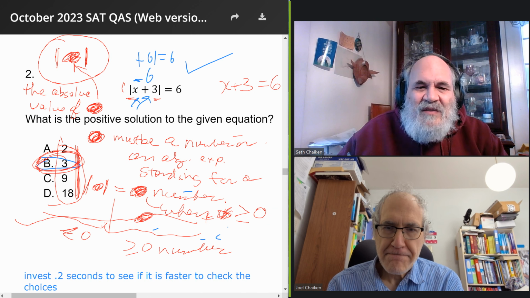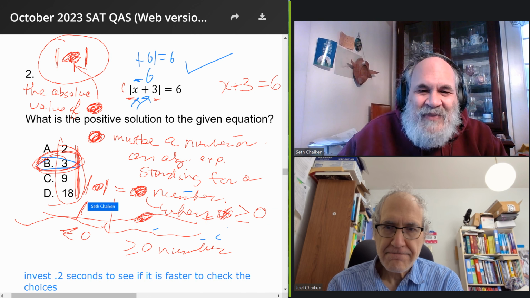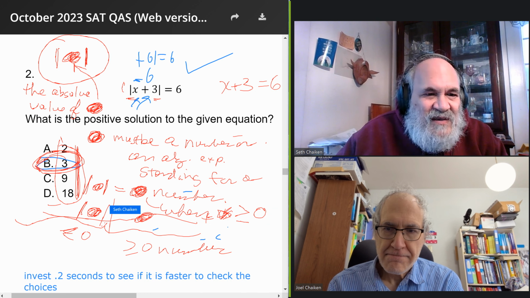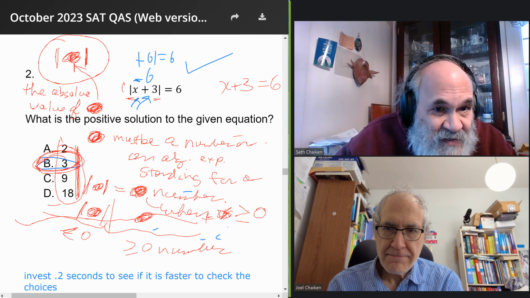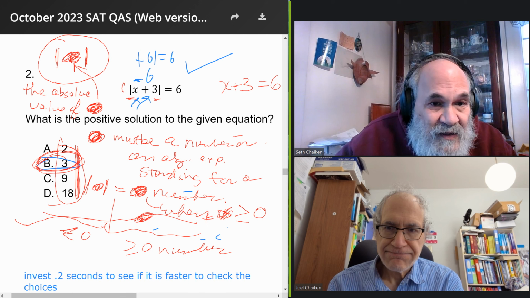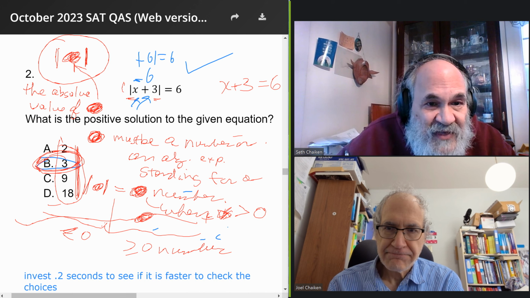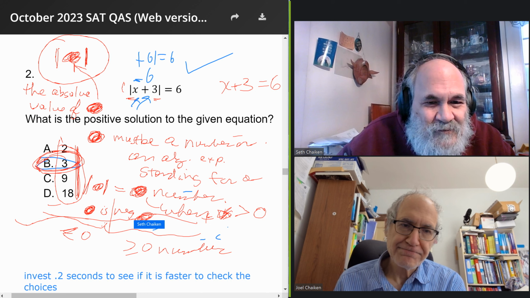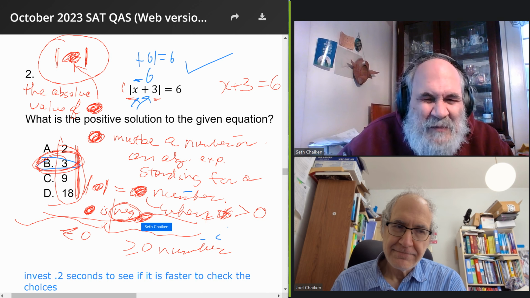The other case is that the thing inside the bars is negative. It's a negative number.